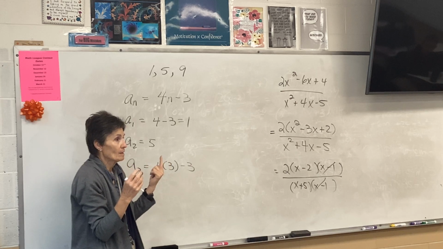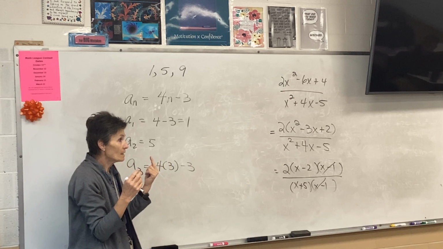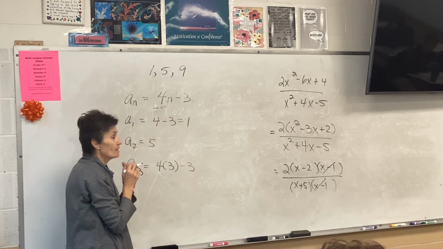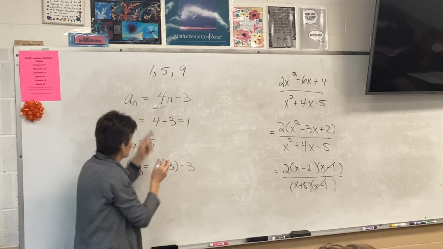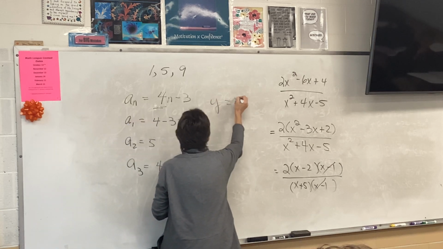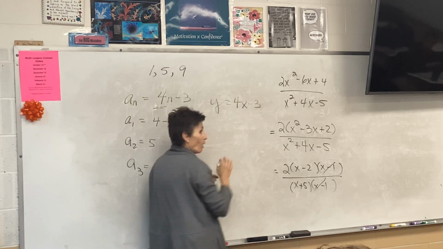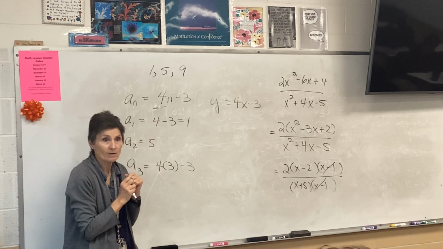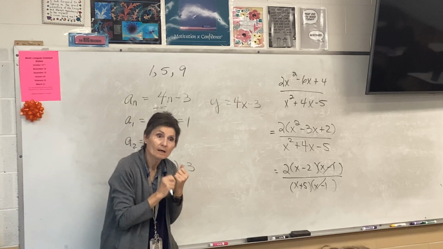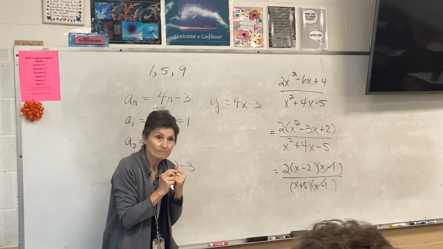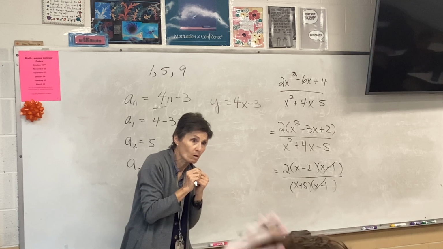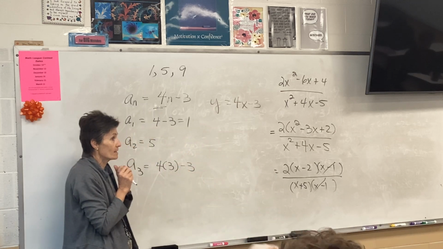They're going up by 4. Not a coincidence. If I changed it to function notation, that would be a linear function with a slope of 4. Every new term, every over 1, gives me an up by 4, so that makes perfectly good sense.